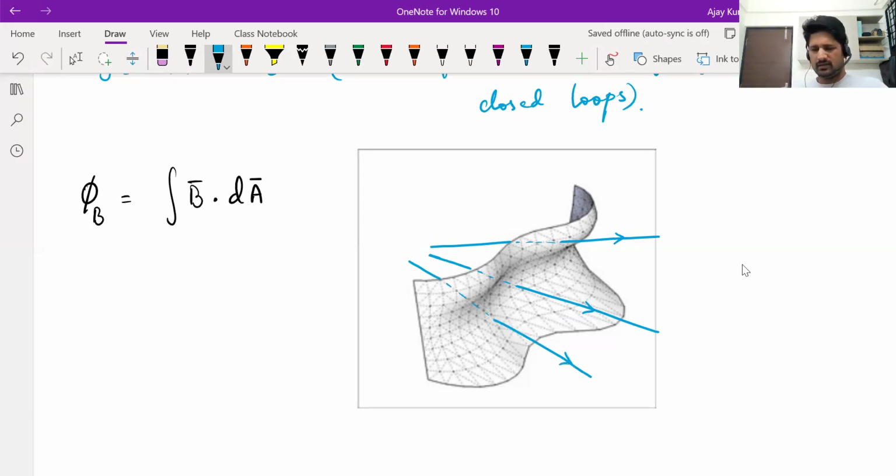Okay, clearly I have drawn field lines in different directions. So it's a non-uniform magnetic field. Let's call the field as B. It could have different magnitudes at different points, different directions at different points.